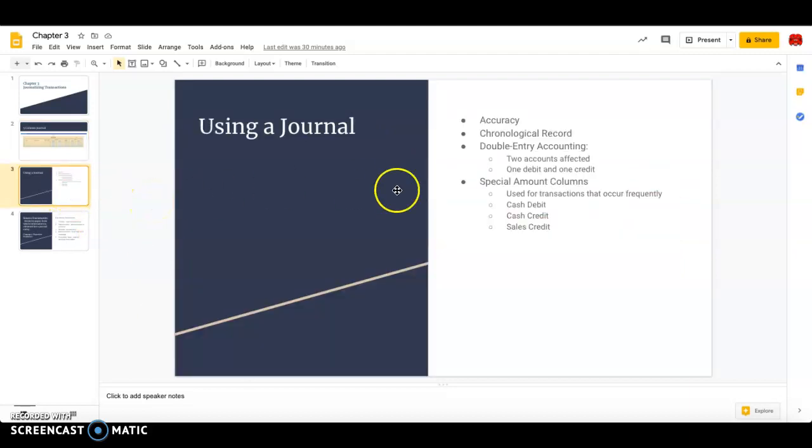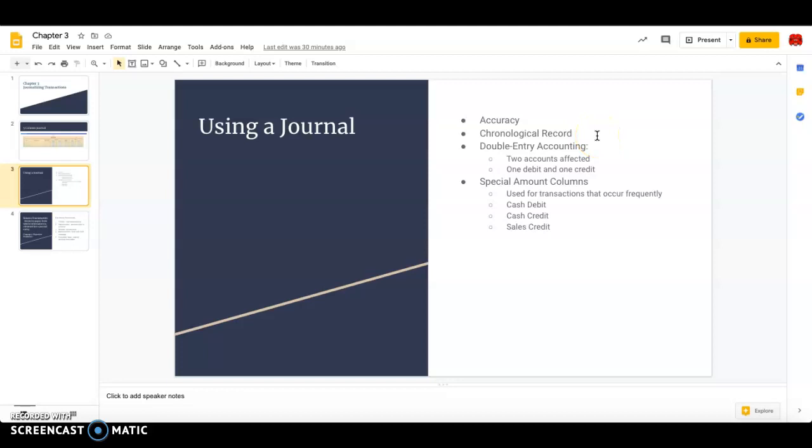So why use a journal? Well, accuracy. It's going to allow us to show if our debits equal credits, which translates into the accounting equation being accurate or equal: assets equals liabilities plus owner's equity. Second, it's a chronological record.